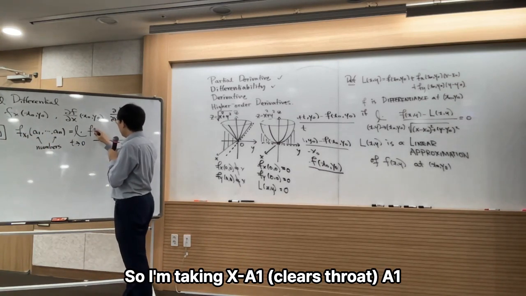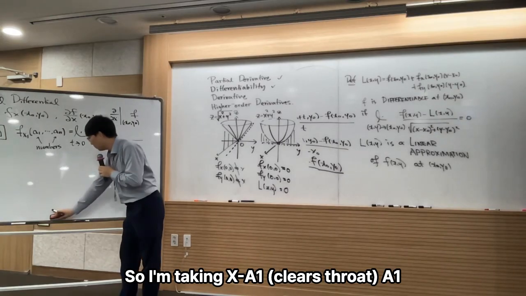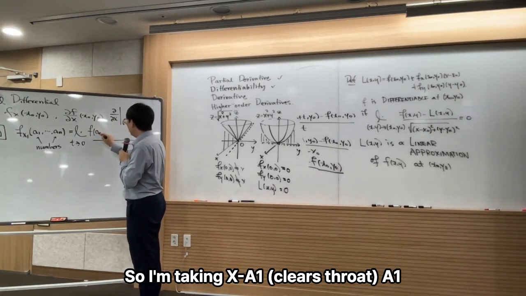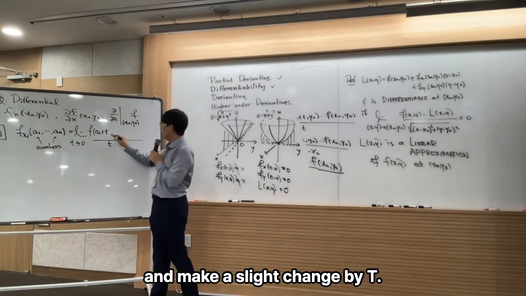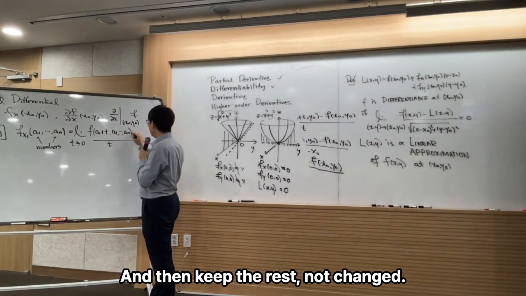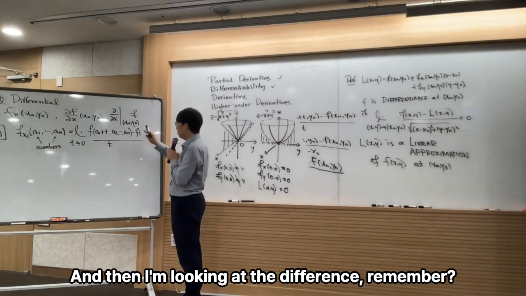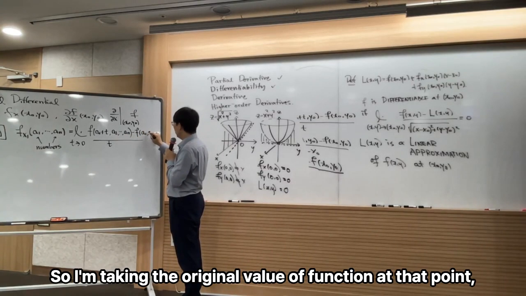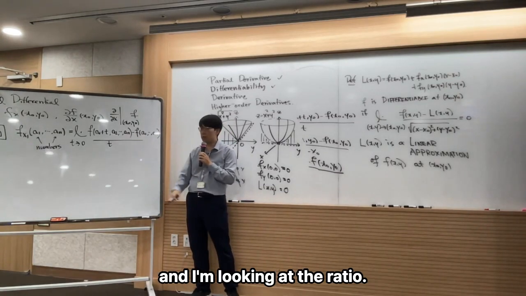So I'm taking a1 and making a slight change by t, and then keeping the rest unchanged. And then I'm looking at the difference, remember? I'm taking the original value of the function at that point. I'm looking at the ratio.